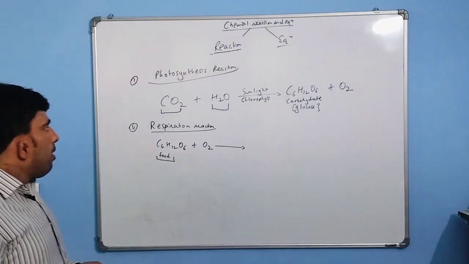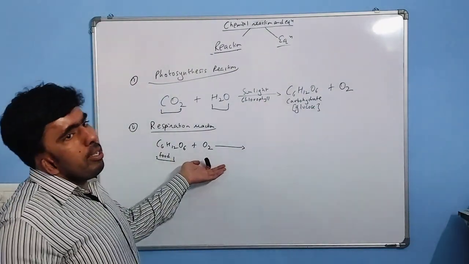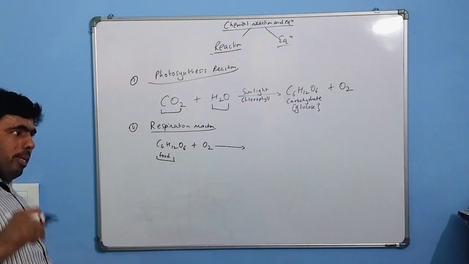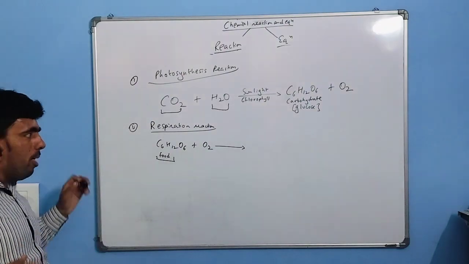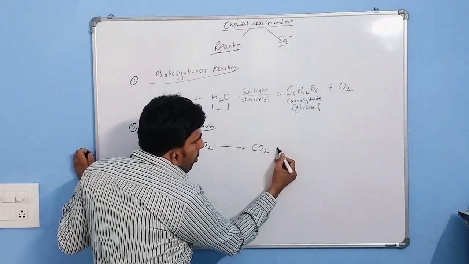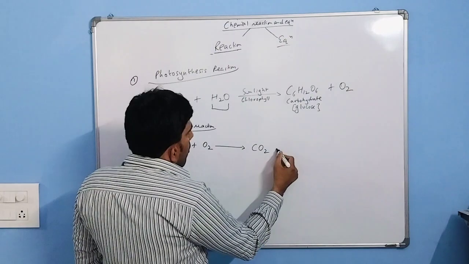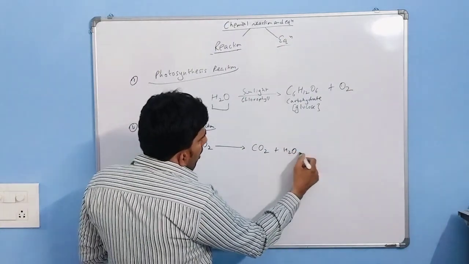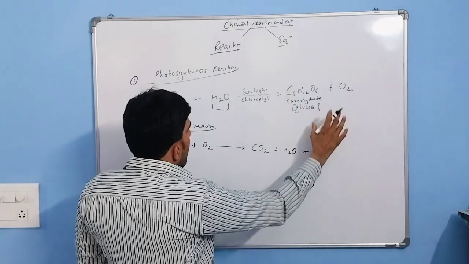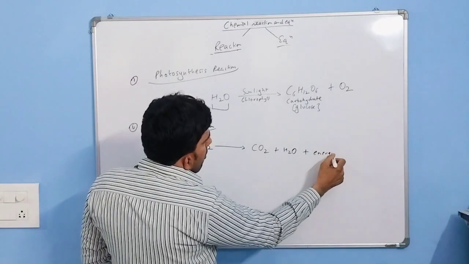There all cells get food and oxygen, and in return, through veins, the cells return CO2. What I get is CO2 plus water with energy. So that's it.